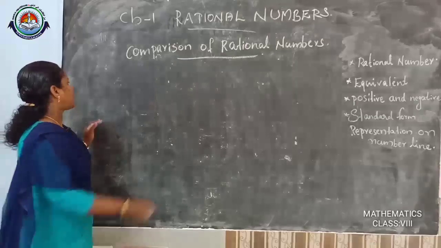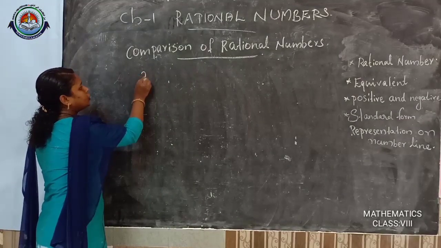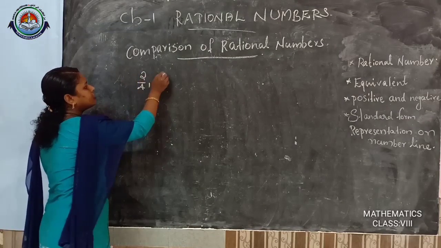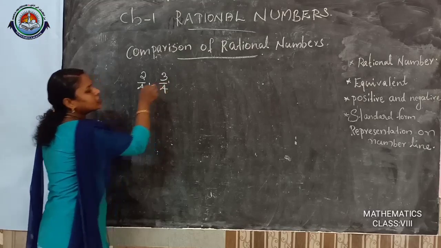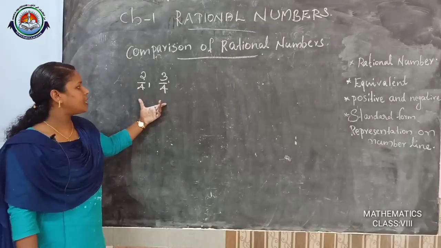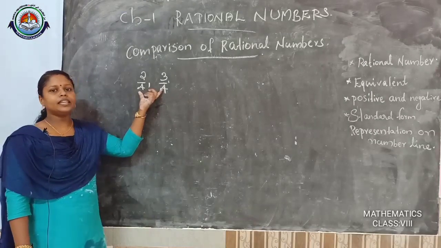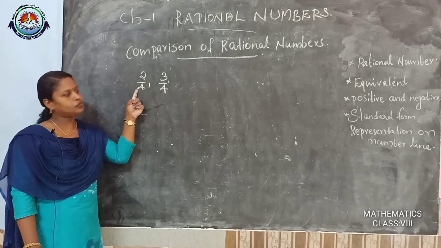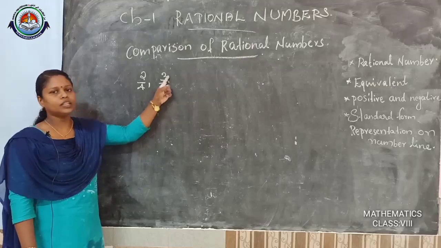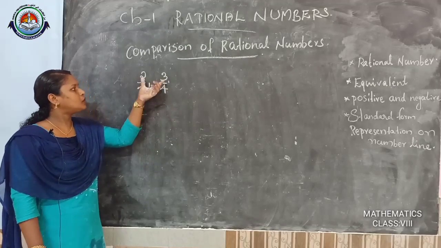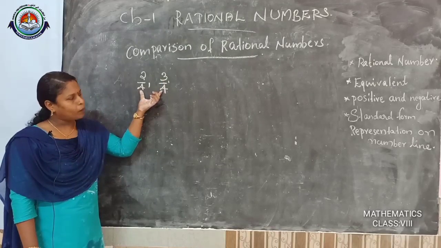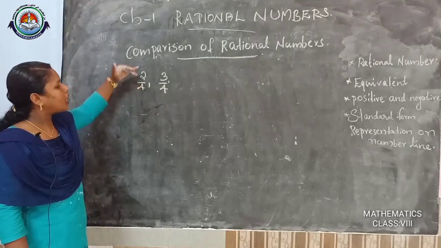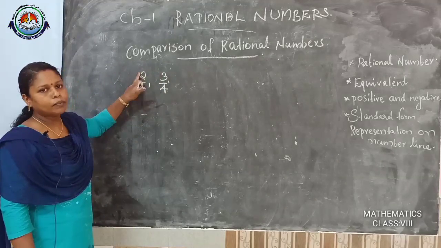Suppose we have two rational numbers, 2 by 4 and 3 by 4. These two are positive rational numbers, and here the denominators are common. In 2 by 4 the denominator is 4, and in 3 by 4 the denominator is 4. So denominators are common, therefore we need to compare the numerators.